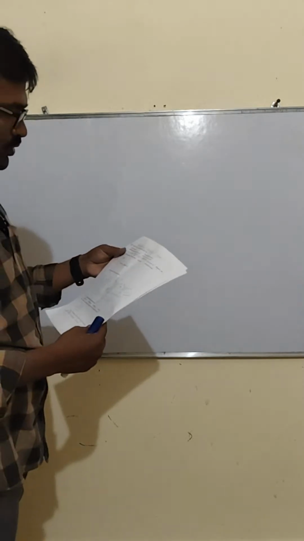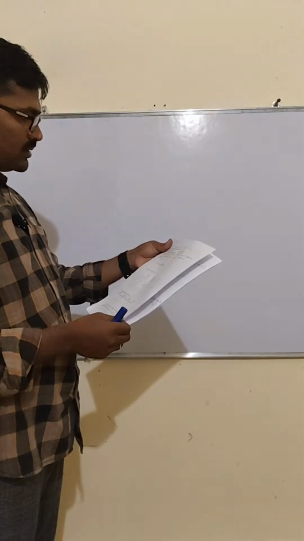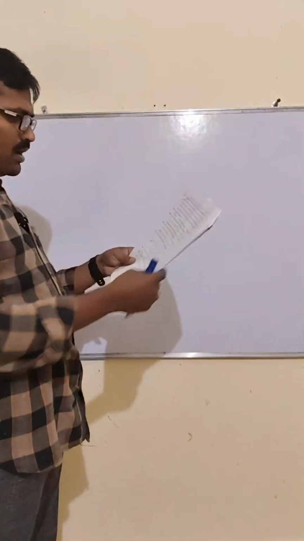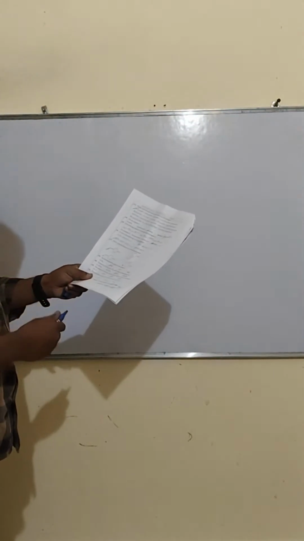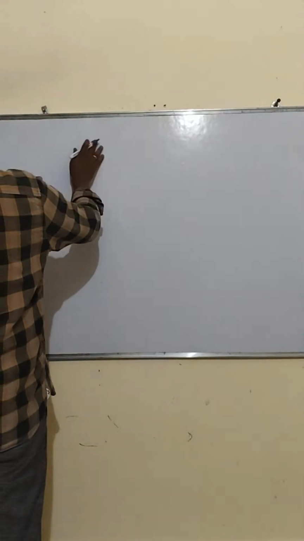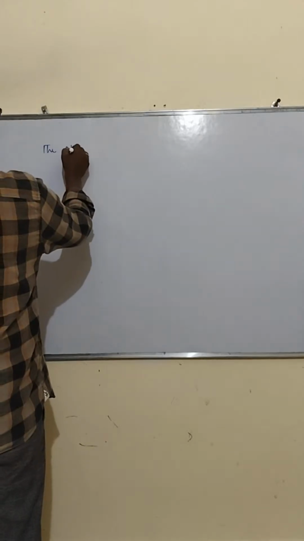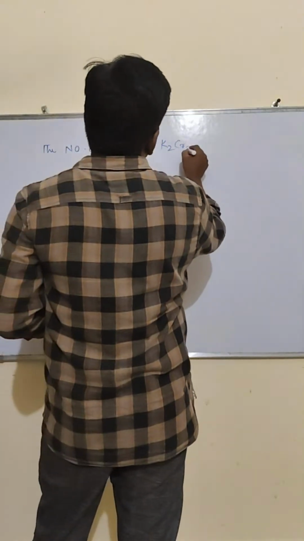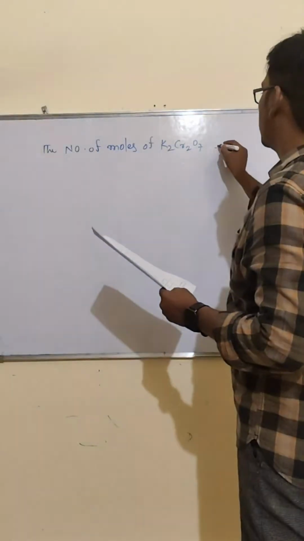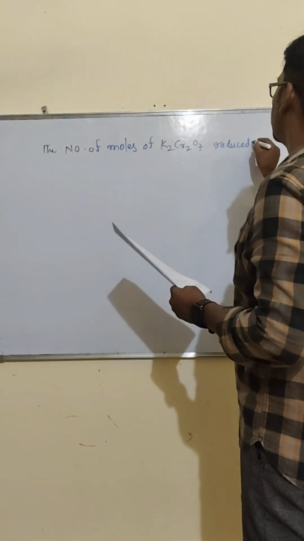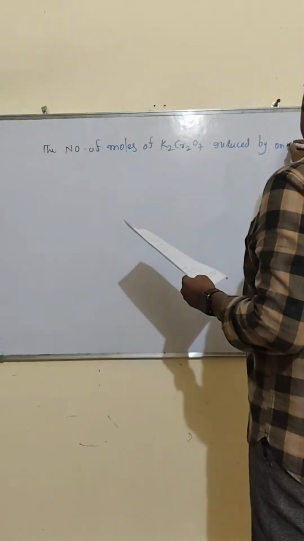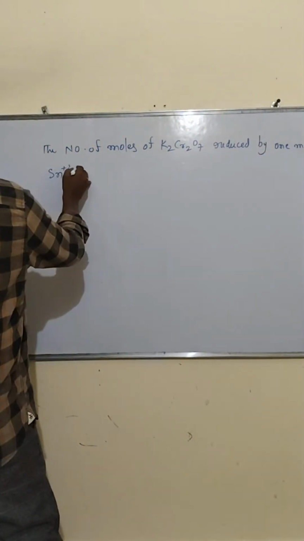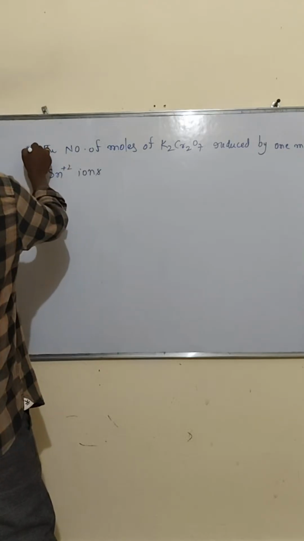Yes, next most important question, my dear students. The number of moles of K2Cr2O7 reduced by 1 mole of Sn plus 2 ion is.